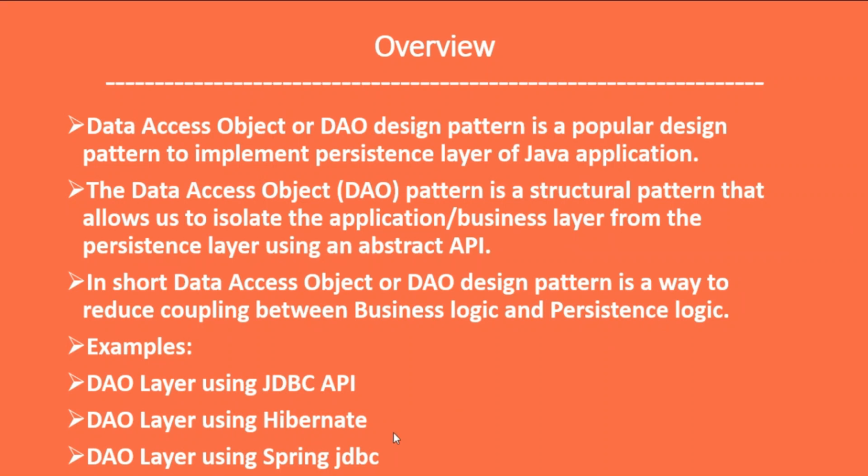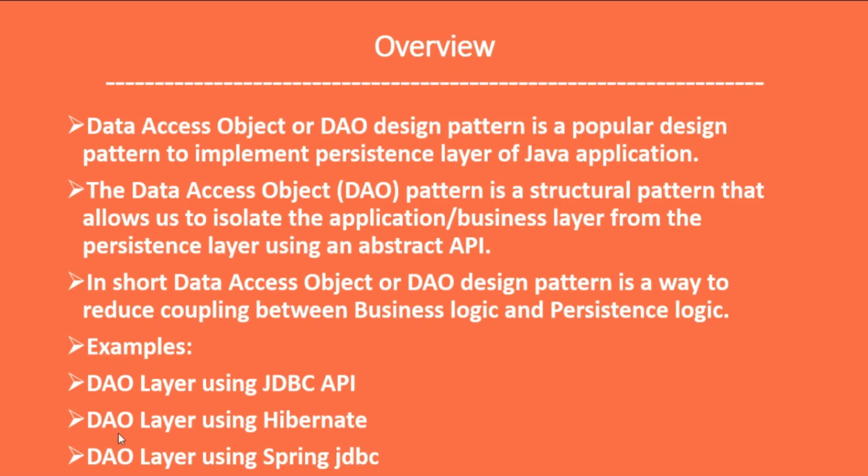Here are a couple of examples. A DAO layer using the JDBC API: we can use the JDBC API to implement a DAO layer. If you are interacting with the database, you can implement CRUD operations and use the JDBC API to perform CRUD database operations.